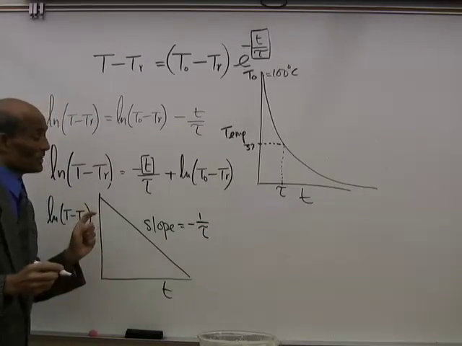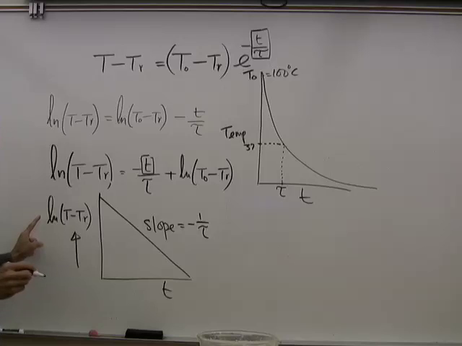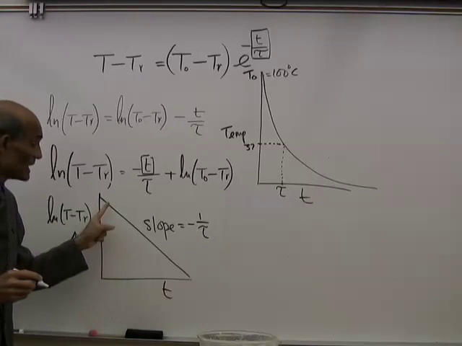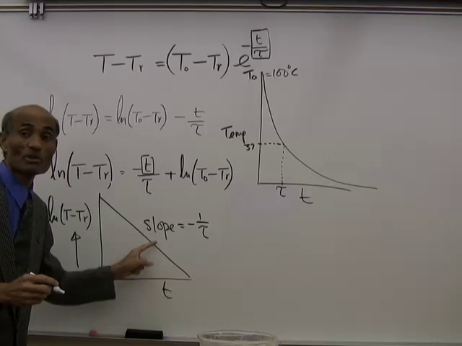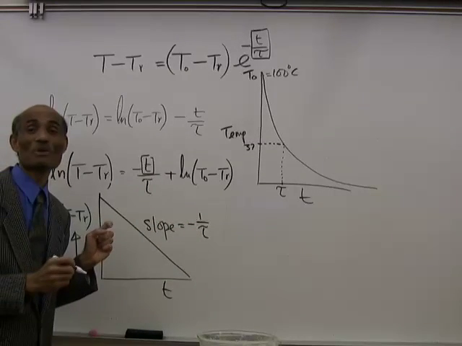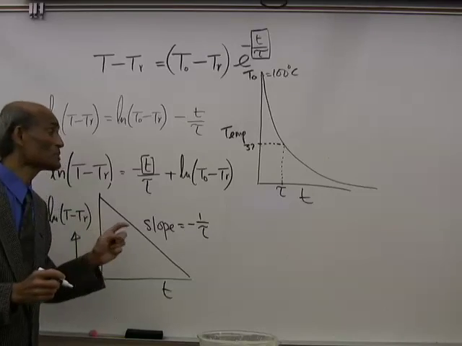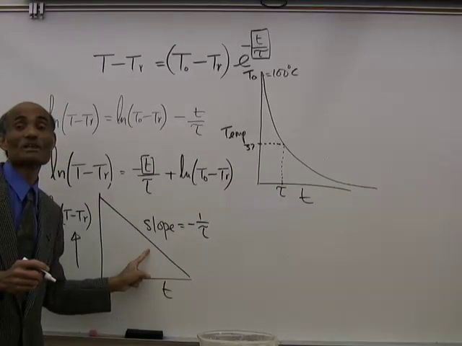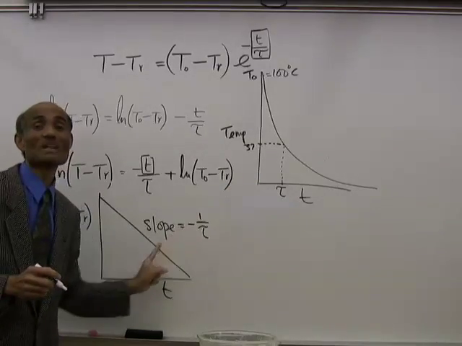So, if you draw a graph of ln(T - Tr) against time and measure its slope, you get the reciprocal of the time constant. That means you can get two values of the time constant by drawing these two types of graph.